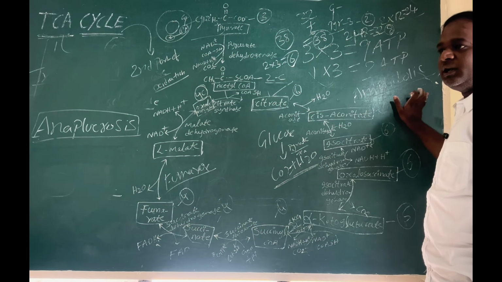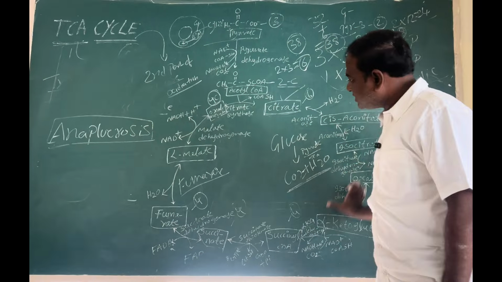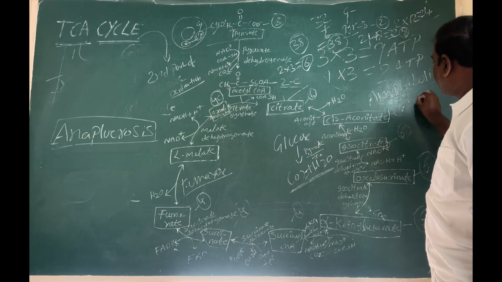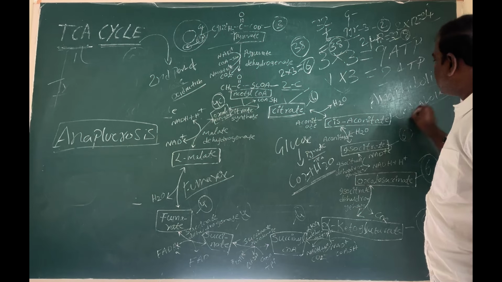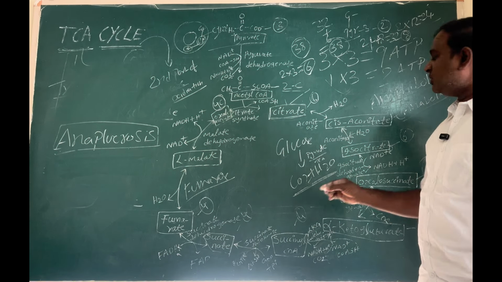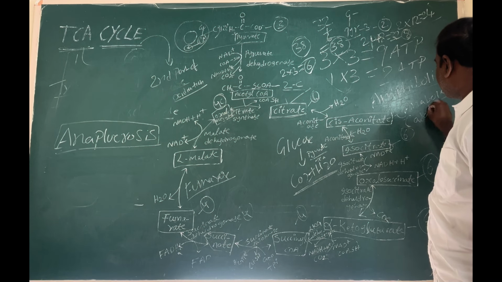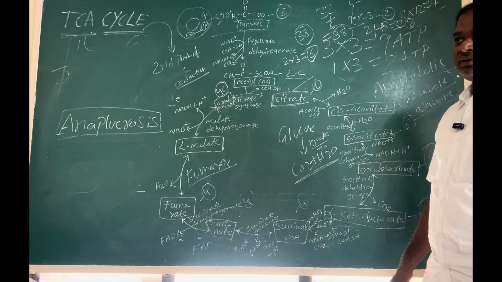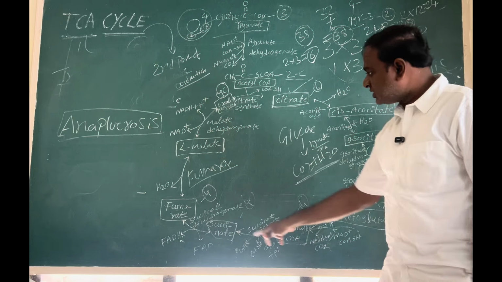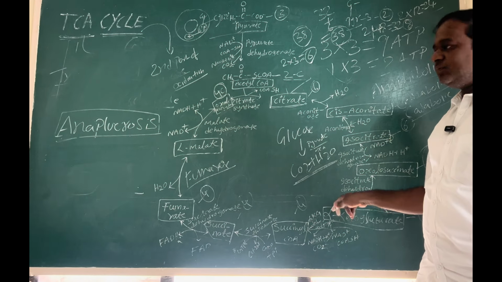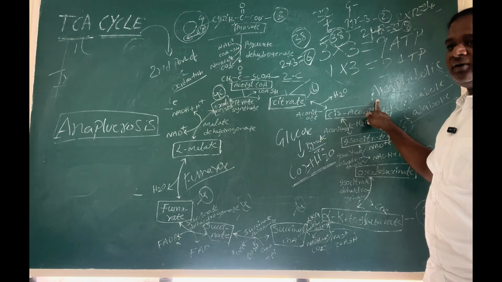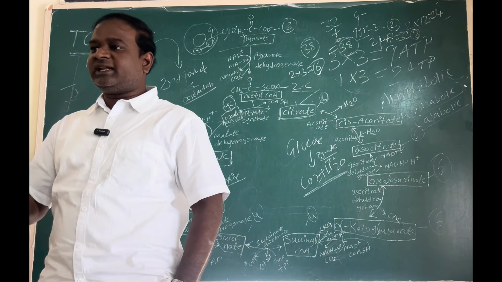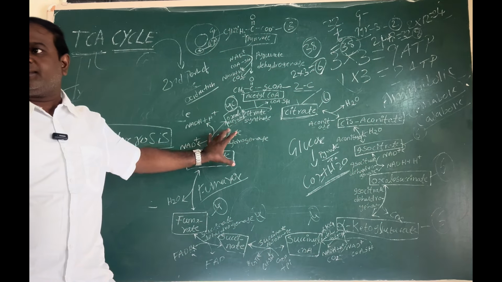Why is it amphibolic? In the TCA cycle we have two types of reactions: anabolic reactions, where compounds are synthesized, and catabolic reactions, where compounds are broken down. Anabolic reactions are there, catabolic reactions are there. That's why we call it amphibolic. The major pathway that is amphibolic in nature is the TCA cycle.